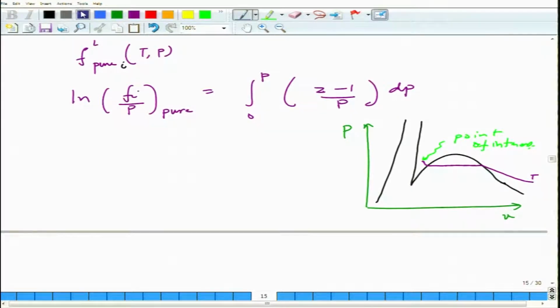Now, this is at P and T. This is the corresponding P here, but this point corresponds to P_i sat for the pure system i. So, we can break this expression into two parts. The left hand side still remains the same.